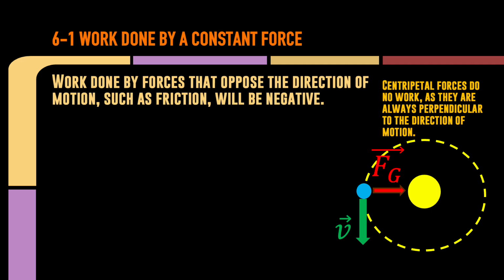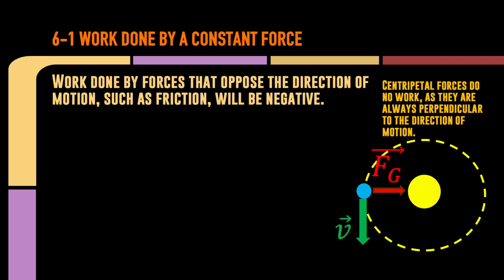So technically, no work is done on an object moving in circular motion. That's kind of why the planets stay where they are for the most part. There's no extra work being taken away from them, like air resistance. That's friction. That's kind of what this little slide here says. So I don't ever have to add work to it, and there's nothing ever being taken away from the system, which is an interesting idea.